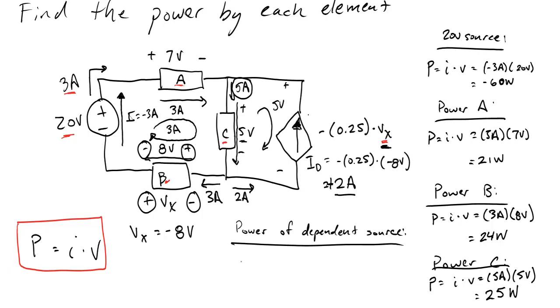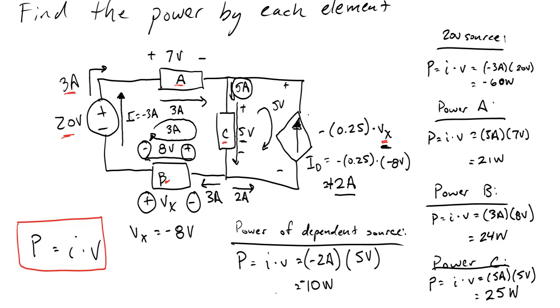So P equals I times V. Our I is going to be minus 2 amps because it's going in the opposite direction of the polarity markings. It's going from minus to plus instead of plus to minus. So we put a minus there, and we put 5 volts for the voltage. That gives us minus 10 watts. Sweet. So that's all we got here.